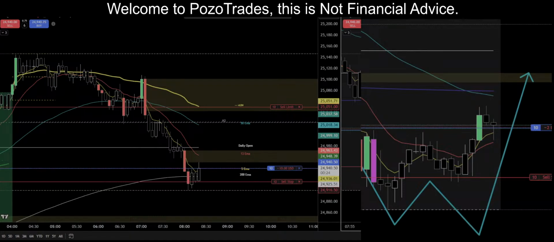Retesting that 5 and 13 EMA on the 1 minute. Recovered the green vector completely on the 1 minute.